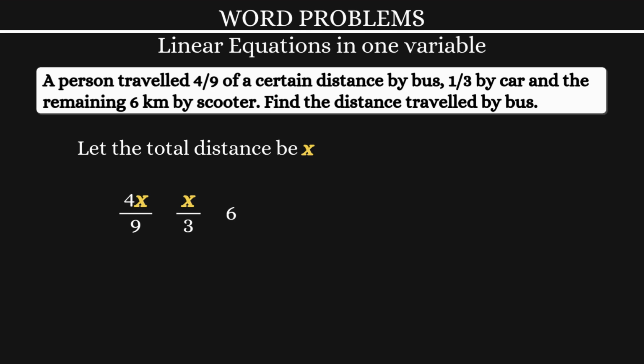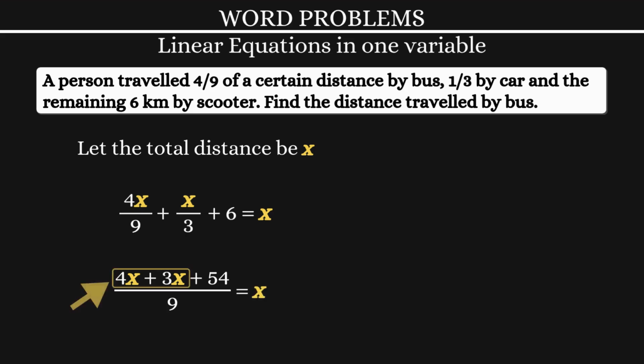So when you add all these terms, you get the total distance x. So this is our equation. On the left hand side, let's find the common denominator, which is 9. And in the numerator, we have 4x plus 3x plus 54. This is equal to x.